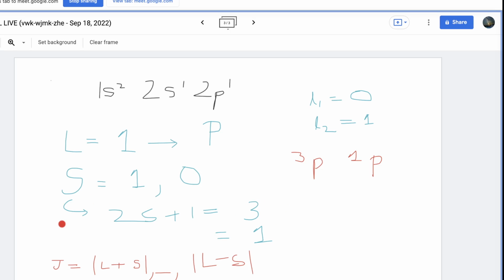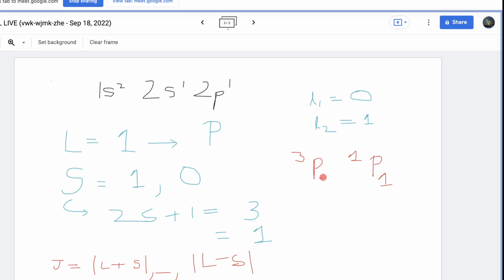Okay, so for 1P, where my S value is equal to 0, my J value will only be 1. And where my S value is 1, for the multiplicity 3, I will have J values 2, 1, 0.